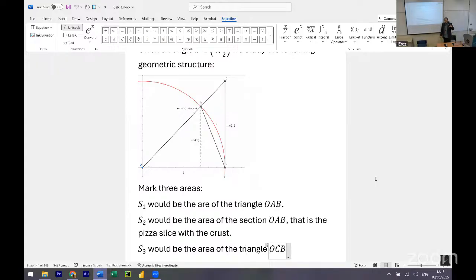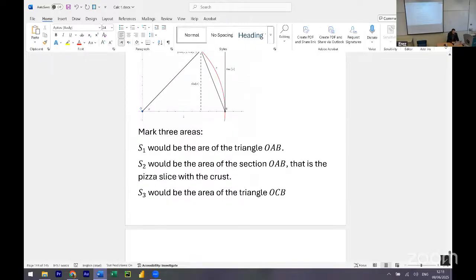They are inside each other, right? So these areas are included in one another.